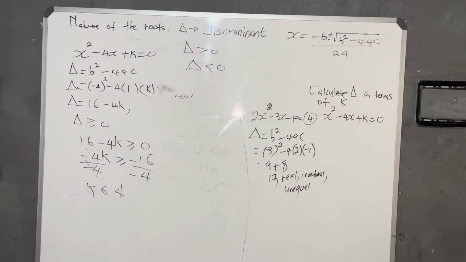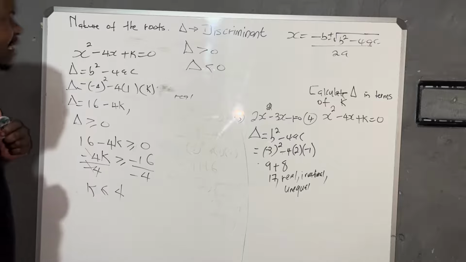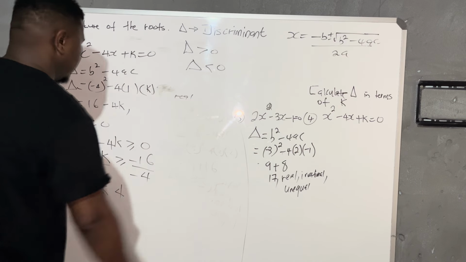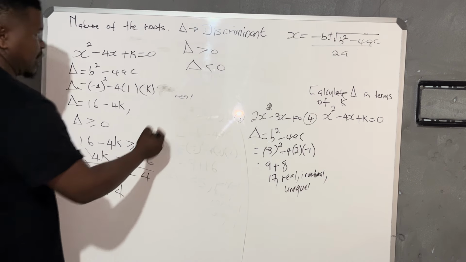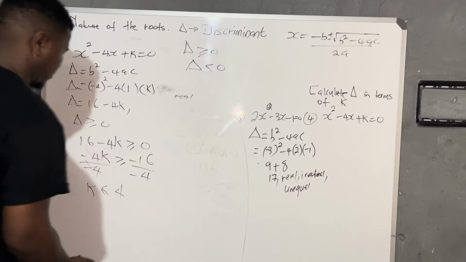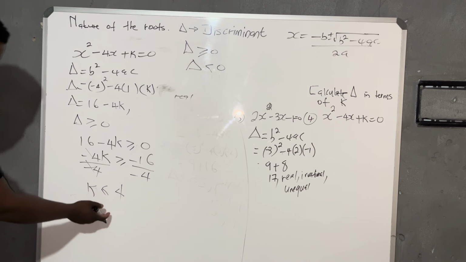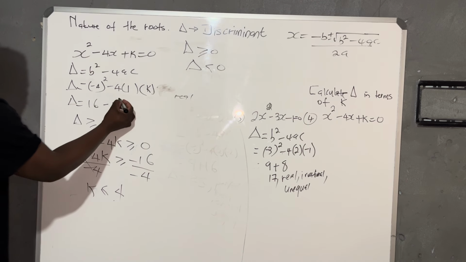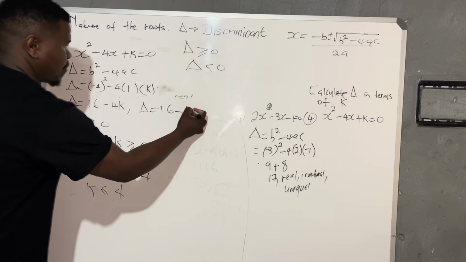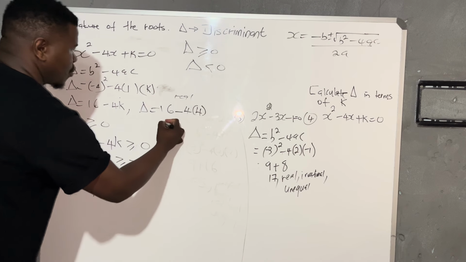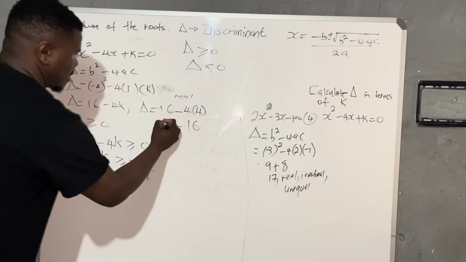Now let's check something. When they say real, greater than 0, especially when it's greater or equal, we can still get the answer of 0. We are done here basically, but you can take this 4 and plug it there. So that means you're going to have a discriminant of 16 minus 4 times 4. So we are getting 16 minus 16.